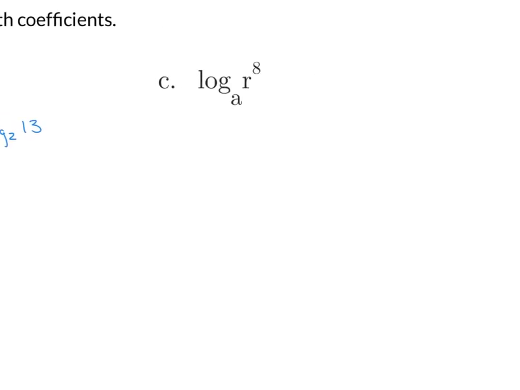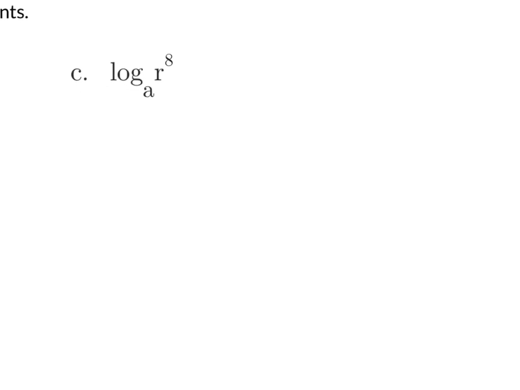And our last example, we want to write this with a coefficient instead of an exponent. So we're going to take our 8, move it to the front, and we get 8 log base a of r.